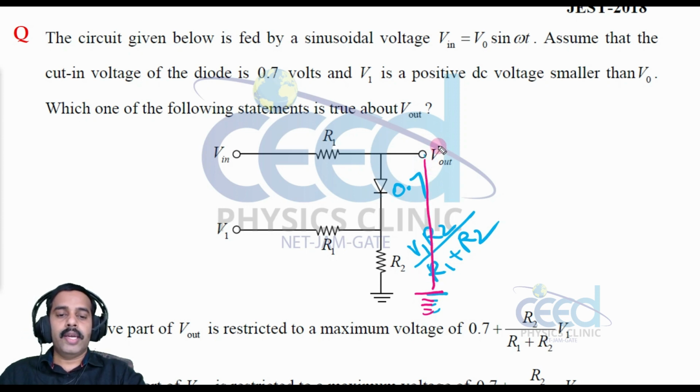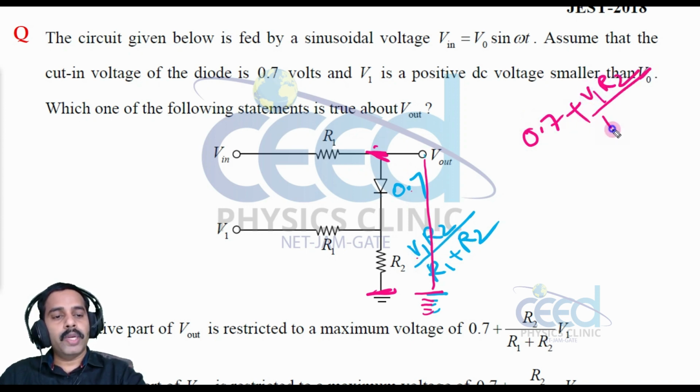Suppose the applied voltage puts the diode in forward biased condition; then the output, taken across this terminal parallel to this, is 0.7 plus V1 R2 divided by R1 plus R2.